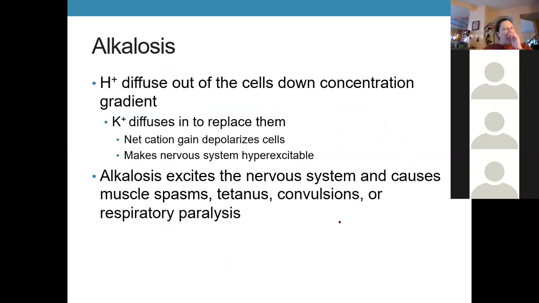Okay, so alkalosis is the opposite. With alkalosis, we have decreasing hydrogen ion concentration. We get hydrogen then leaving the cells down their concentration gradient. And somehow this results in even more potassium entering the cells. That's bad. And I feel like maybe it's wrong.